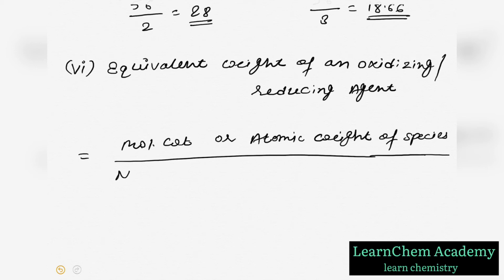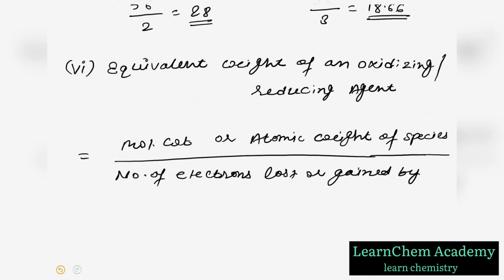So we can write number of electrons lost or gained by one molecule of the substance.